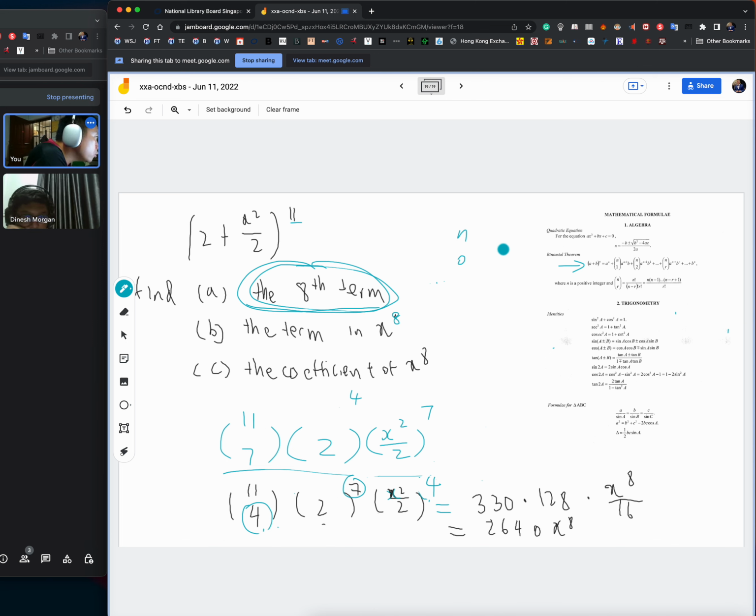Then your a will be a to the power n, and your b will be to the power 0. So if you follow this format, your 11 choose 0, 2 to the power of 11, then x over 2 to the power 0, will be your first term. So my way of thinking is 11 choose 7 will be the 8th term. So it should be ascending order.